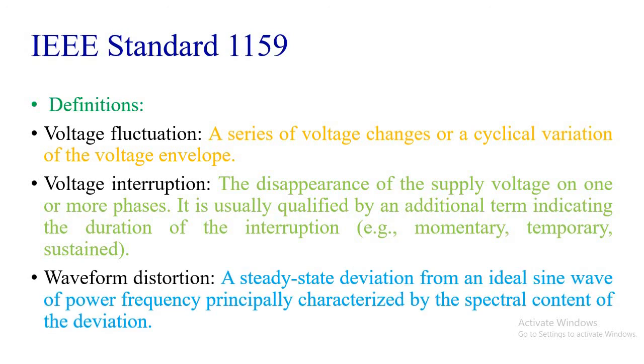Waveform distortion is a steady state deviation from an ideal sine wave of power frequency, principally characterized by the spectral content of the deviation.